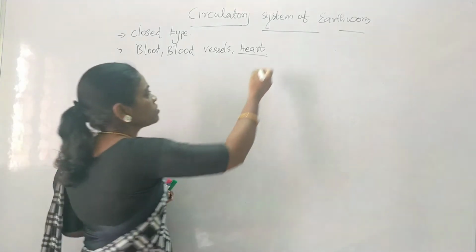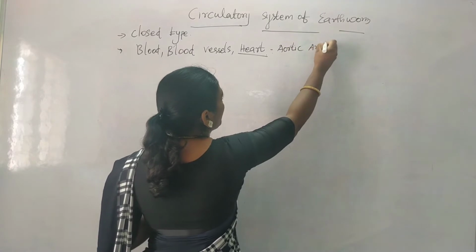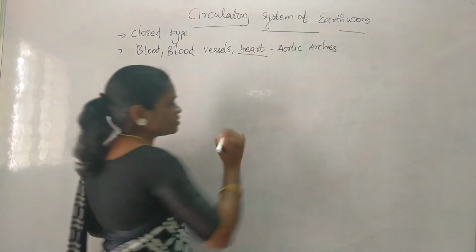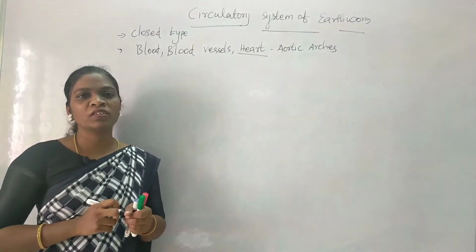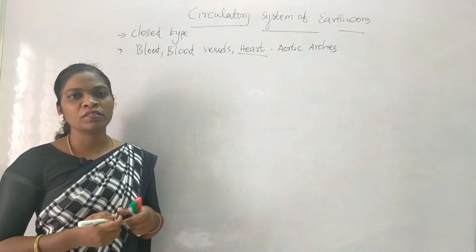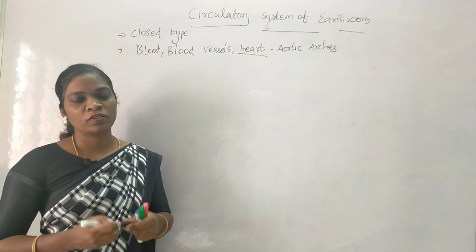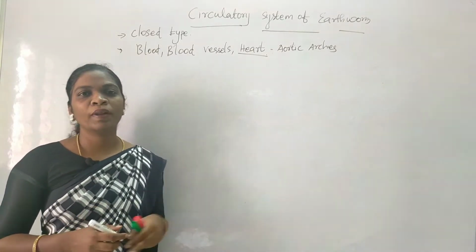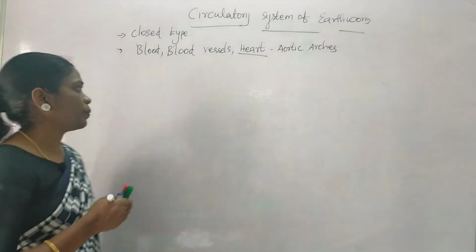Those structures are also known as aortic arches. It is not exactly like the heart, but some structure resembles the functions of heart. That is why it is known as heart of the earthworm. It is otherwise known as aortic arches. We will see in detail about the blood vessels of the circulatory system of earthworm.